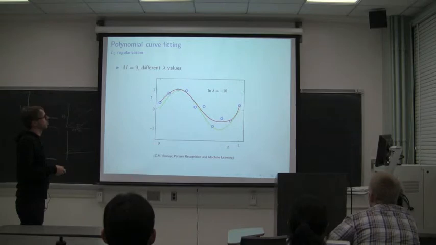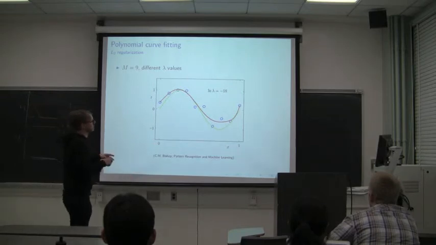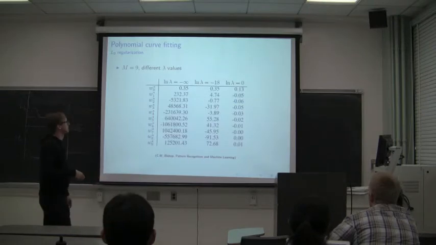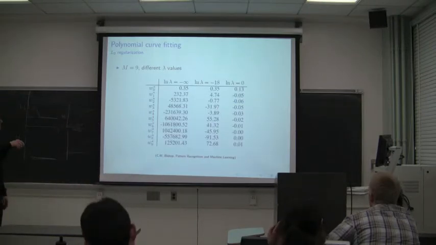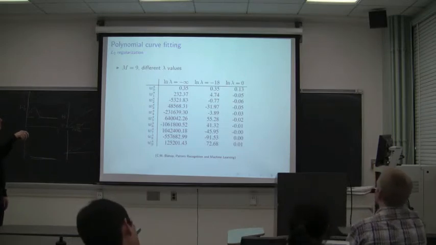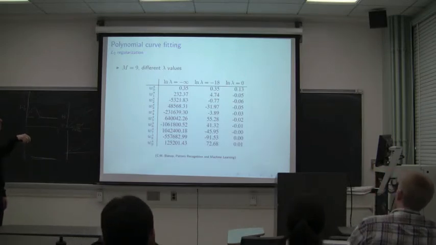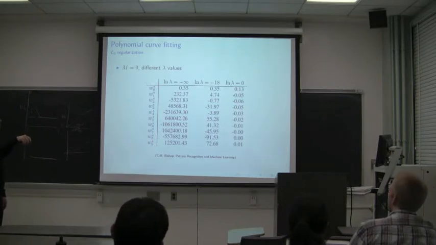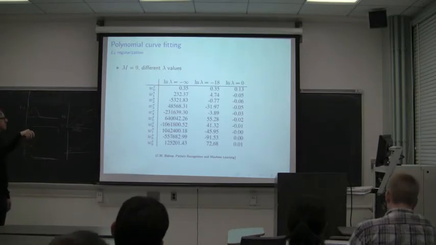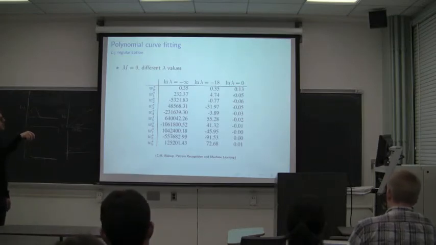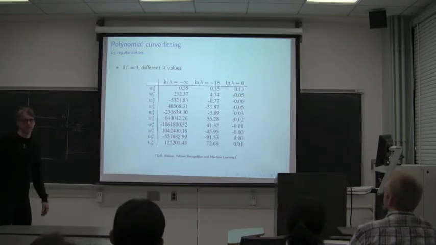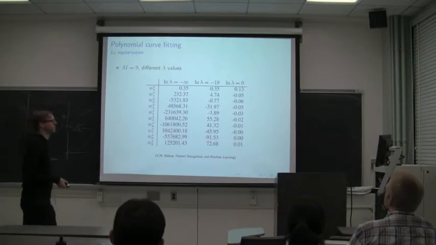It's a way to control over- and underfitting while keeping the rest of the model the same. If you look at the regression coefficients over different lambda values, this is lambda set to 0, which is what we've seen before, these huge values. If we set it to some reasonable value, we get sensible regression coefficients. But if we set it too large, then all the regression coefficients go to 0. So getting this parameter right is important.